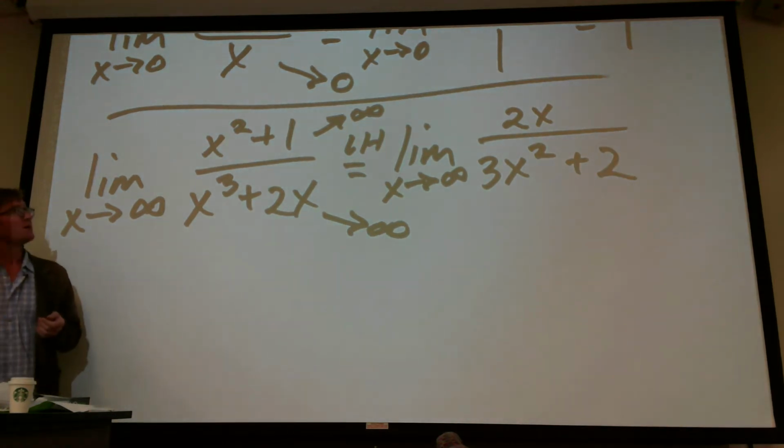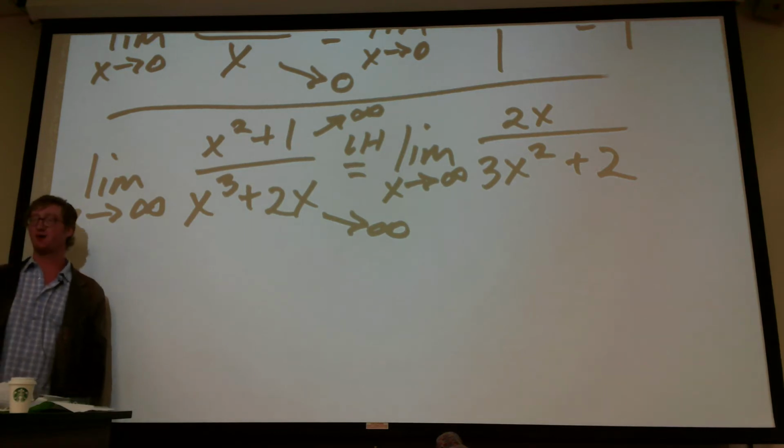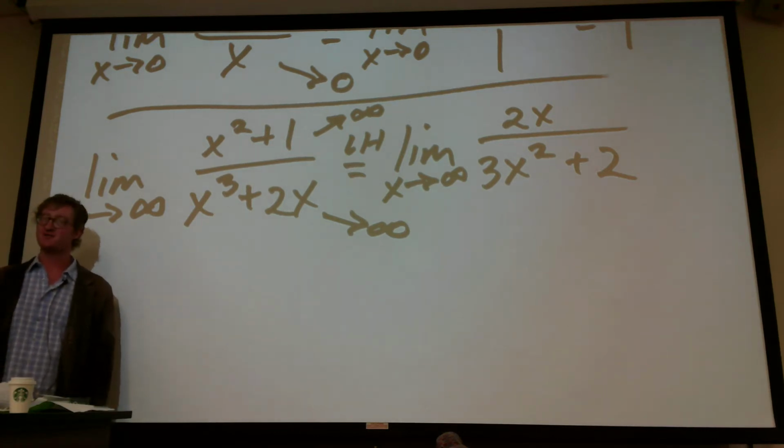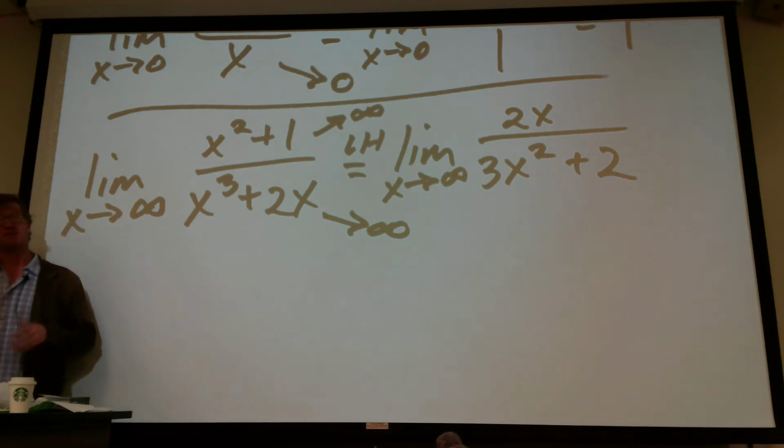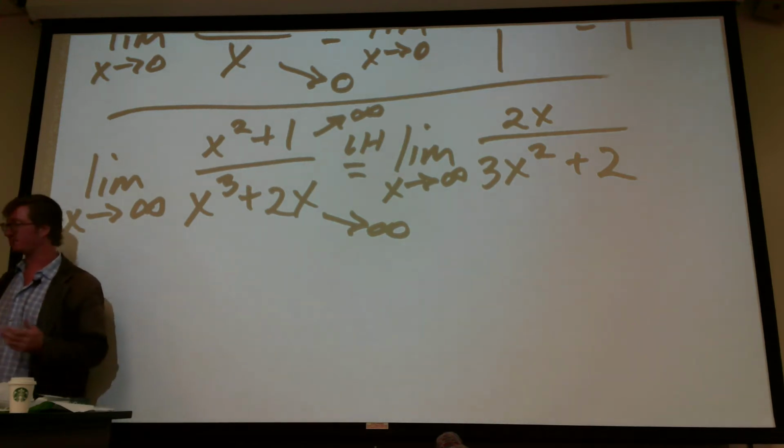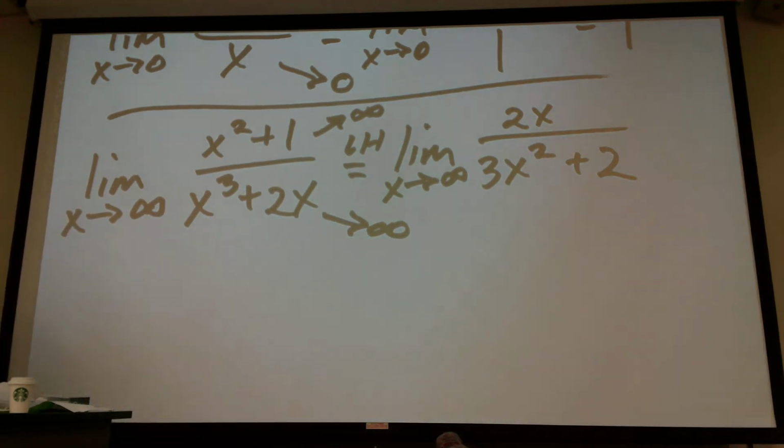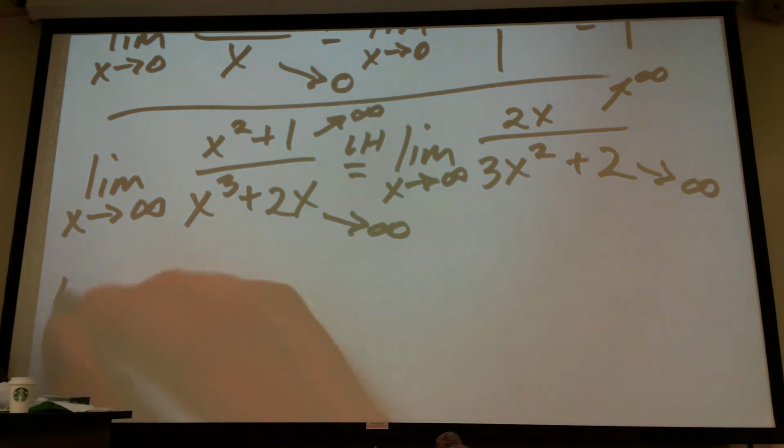Now think about it. At this point in the problem, both the top and the bottom are still headed towards infinity. So I'm going to have to apply L'Hopital's rule for a second time. That's headed towards infinity, that's headed towards infinity, so I'm going to apply L'Hopital's rule.